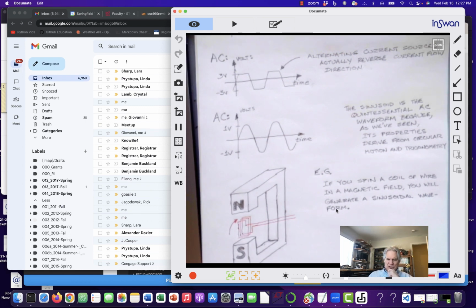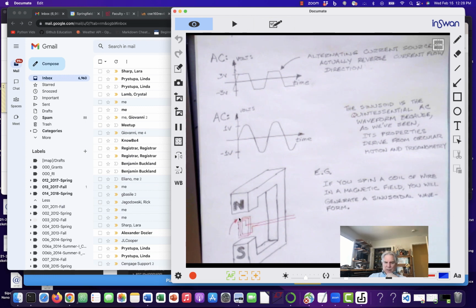And the reason it'll be sinusoidal is when we have a linear magnetic field, we have a circular conductor path, and that has a lot to do with our unit circle and concentrating on the altitude for the sine function, and on the length of the adjacent on the bottom as the cosine function.